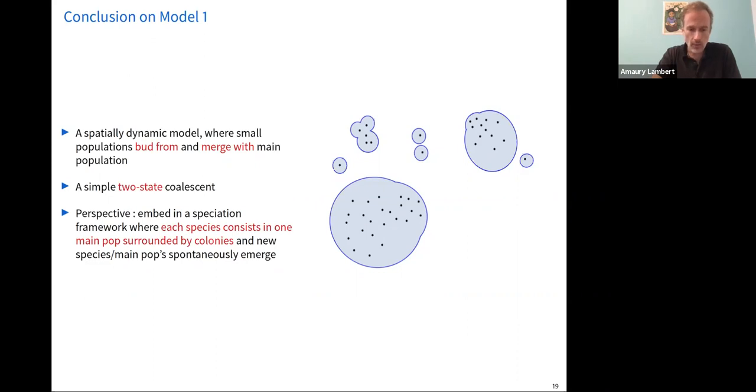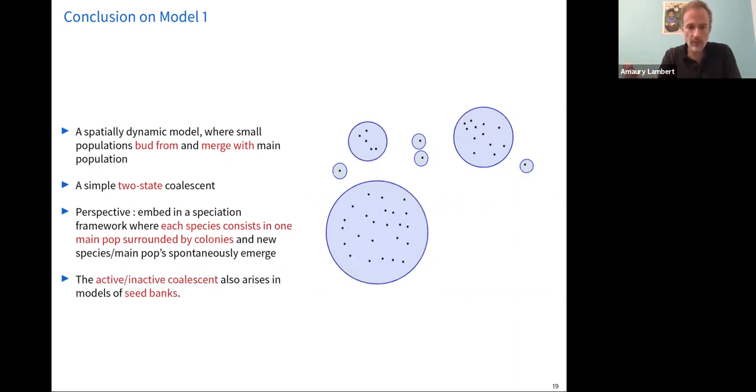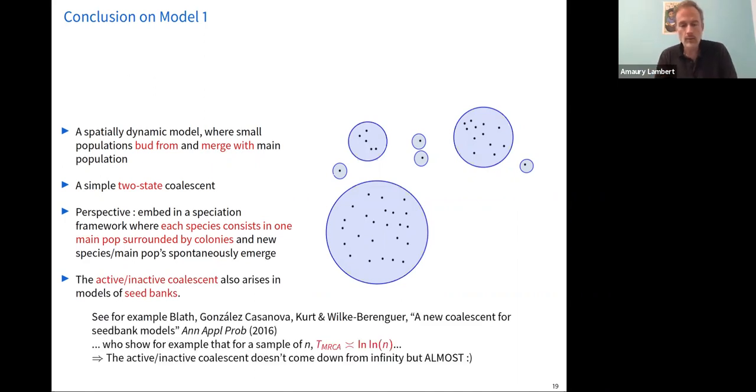I would like to emphasize that this active-inactive coalescent also arises in models of seed banks where the seeds can be active or dormant. And this has led to a lot of papers around Jochen Blath and his collaborators, among which this paper in Annals of Applied Probability, where it is shown, for example, that for a sample of n individuals, when the size of the sample increases, the time to the most recent common ancestor is of the order of log n.